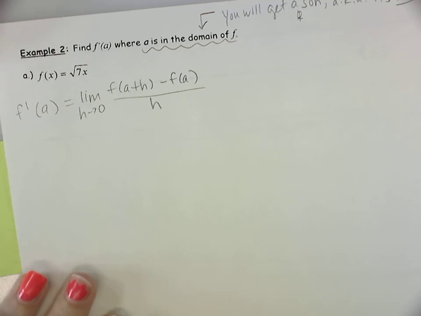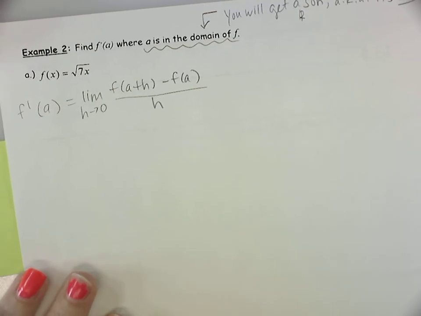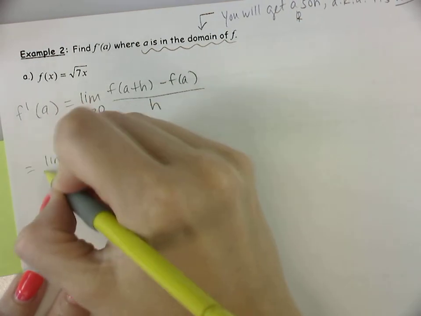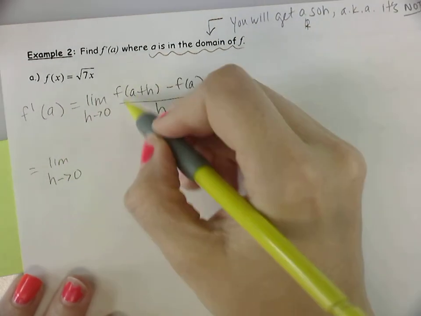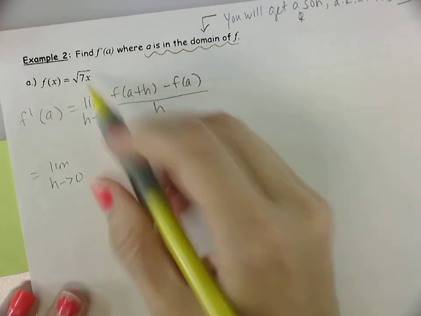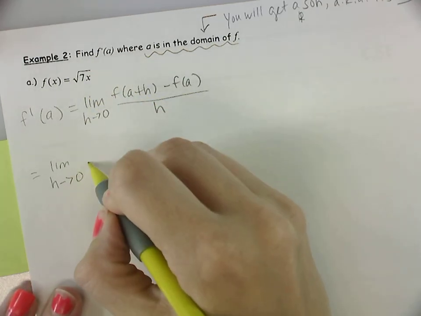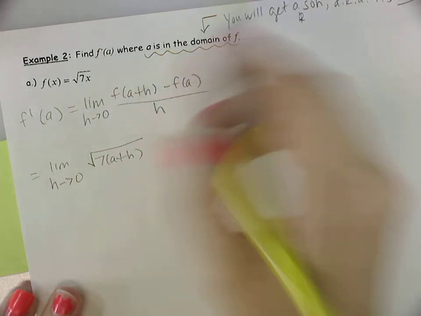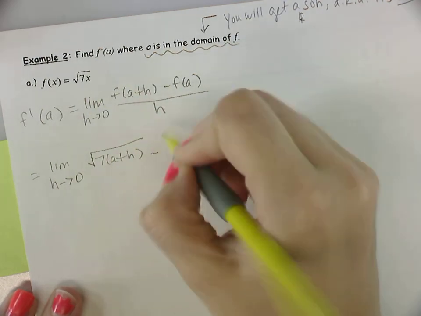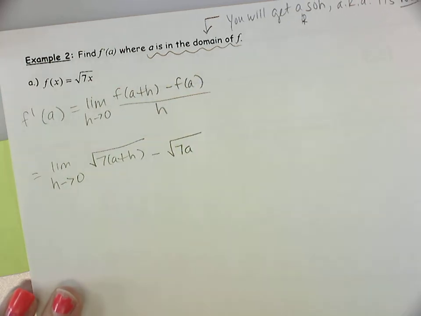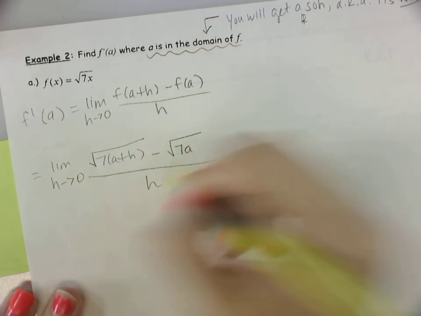Okay, so now what we're going to do is substitute our values in. So we're going to do the limit as h goes to 0. F of a plus h means I'm plugging in a plus h for x. So this is going to be the square root of 7 times a plus h, 7 times x, minus f of a. So if you're just substituting a for x, you're just going to have the square root of 7a. And then, of course, this is all going to be over h.